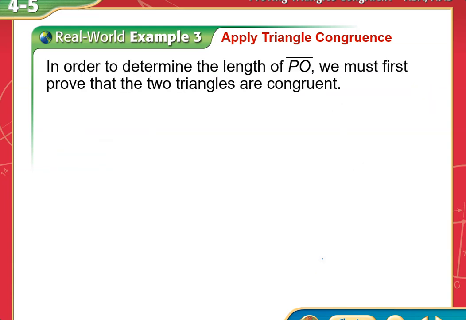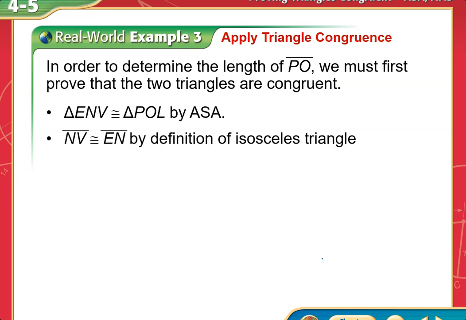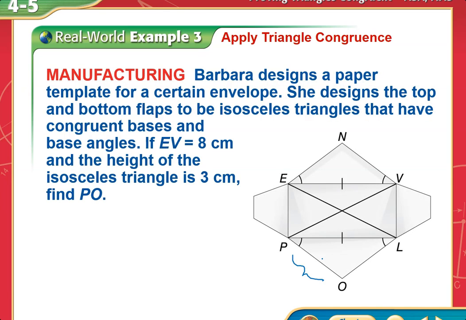In order to determine the length of PO, we must first prove the two triangles are congruent by ASA. By definition of isosceles triangles, NV is going to be congruent to EN. Since they're isosceles, we have two sides being the same, at least two sides.